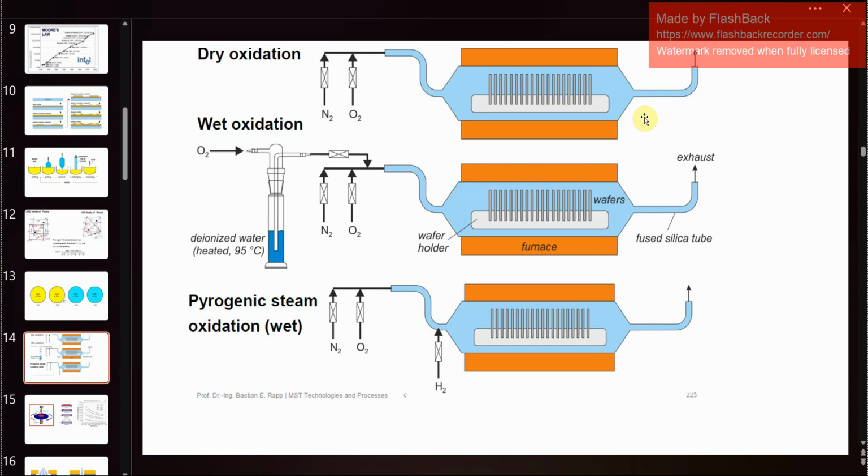So if you want a very thin film, you use dry oxidation. If you want a somewhat thicker oxide film, you use wet oxidation. Pyrogenic steam is a type of wet oxidation wherein the input catalyst is just hydrogen rather than using entire water per se.